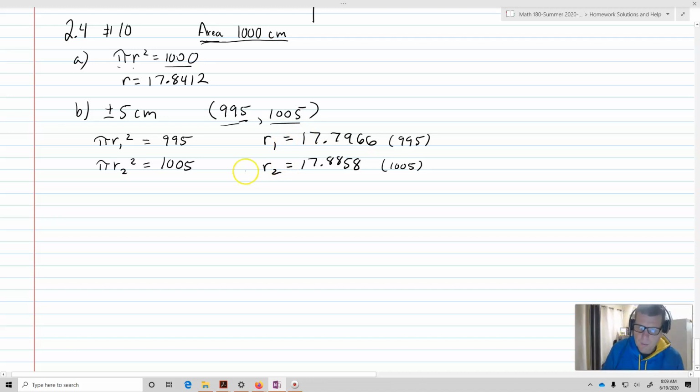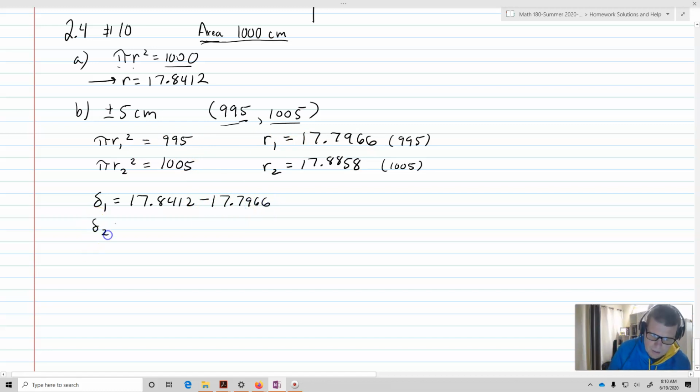In fact, I'm going to say that the distance, the first one, we'll call it delta 1, is going to equal 17.8412, the actual radius for the 1,000 area, minus the one for the 995, 17.7966.